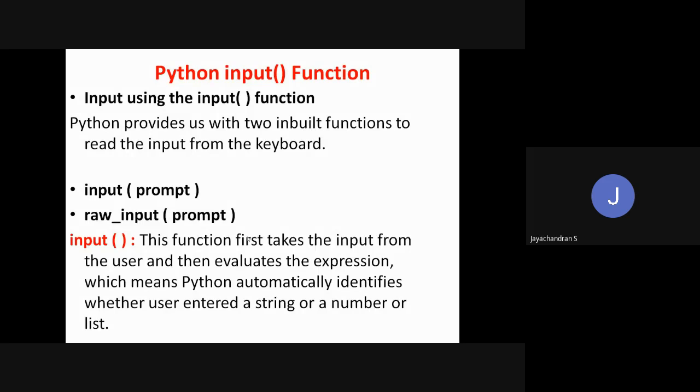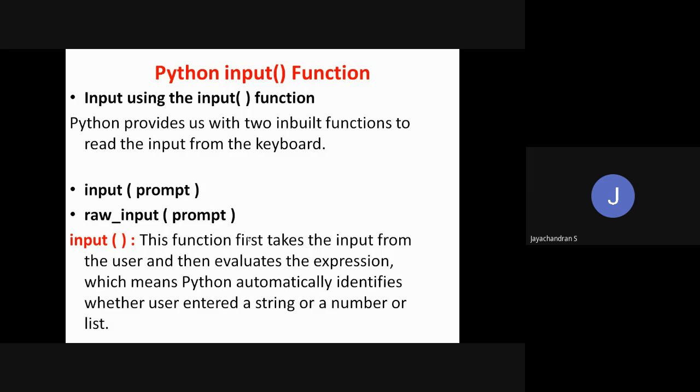Next, raw_input is used in lower versions, like Python 2. The Python input function takes input from the user, then evaluates the expression and identifies whether the user entered a string, a number, or a list. Python's input statement automatically identifies which type of data the user is entering.